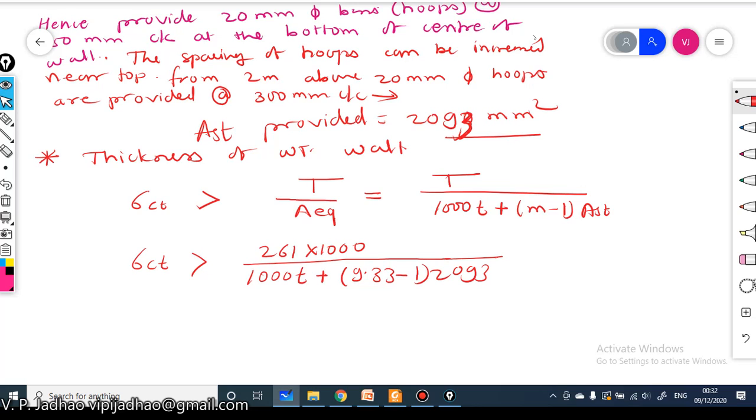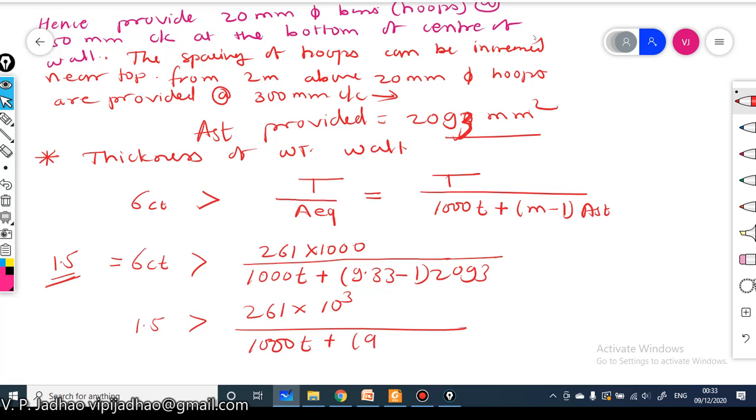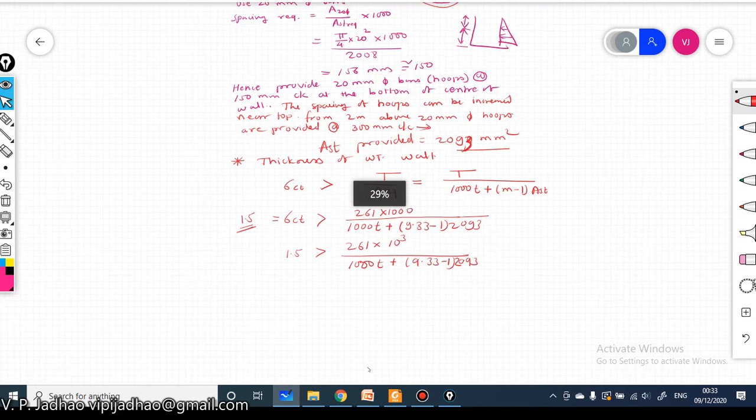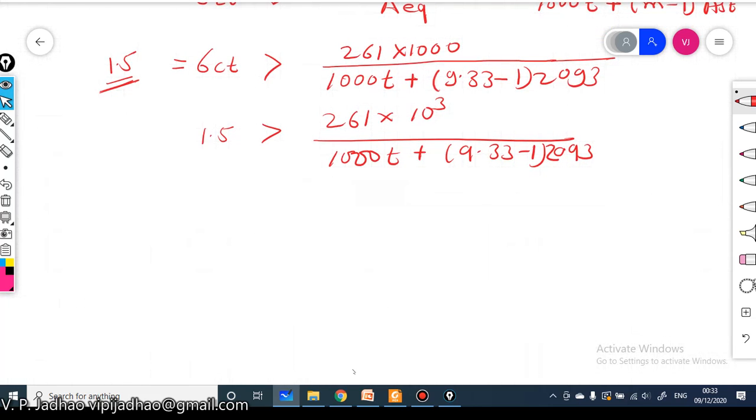At the same time we know this sigma CT value is equal to 1.5. We have already calculated that, or we have obtained this from IS 3370. So 1.5 is greater than 261 into 10 raised to power 3 divided by 1000 T plus 9.33 minus 1 multiplied by 2093. So just solve this equation on the right hand side.